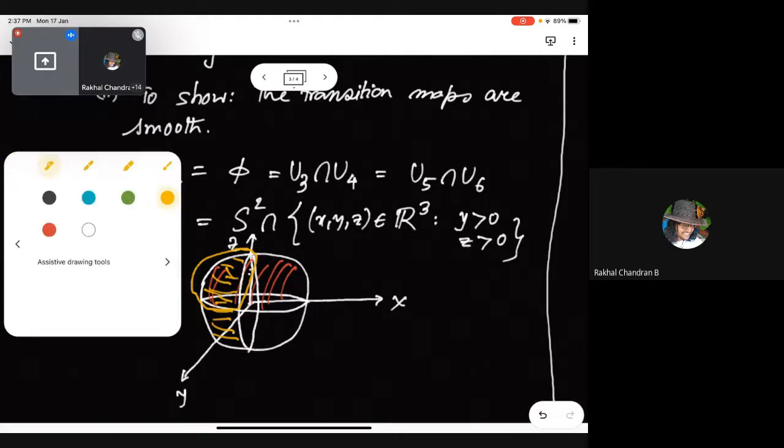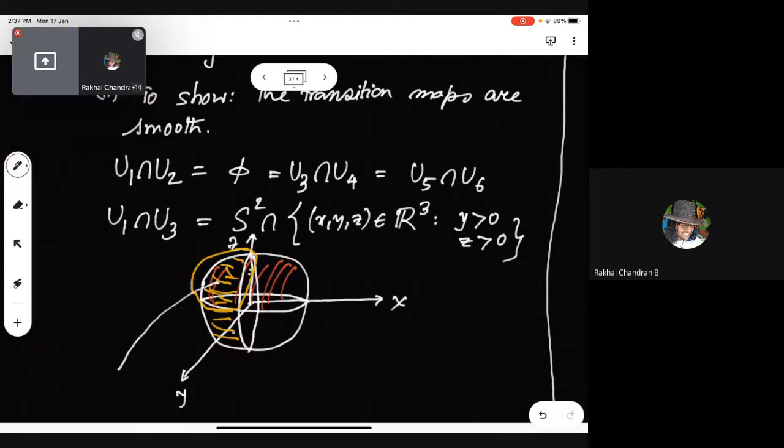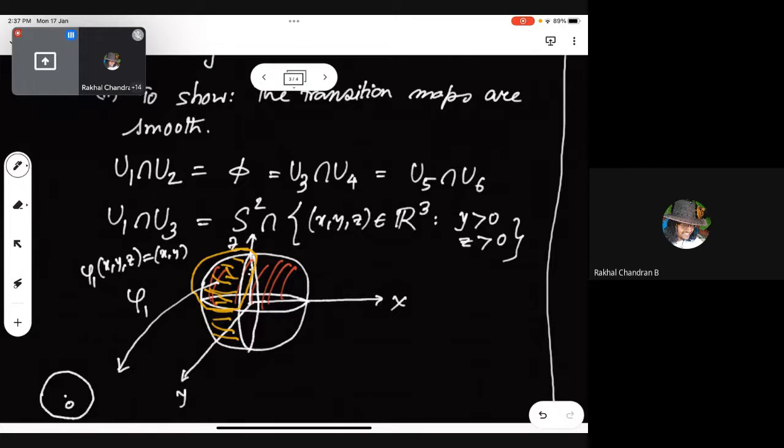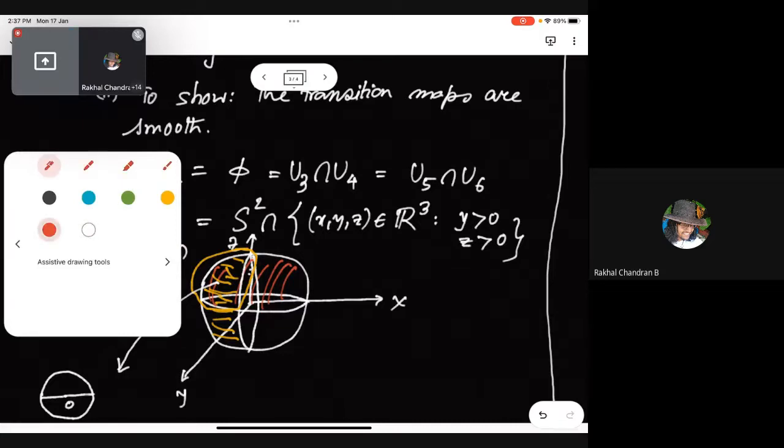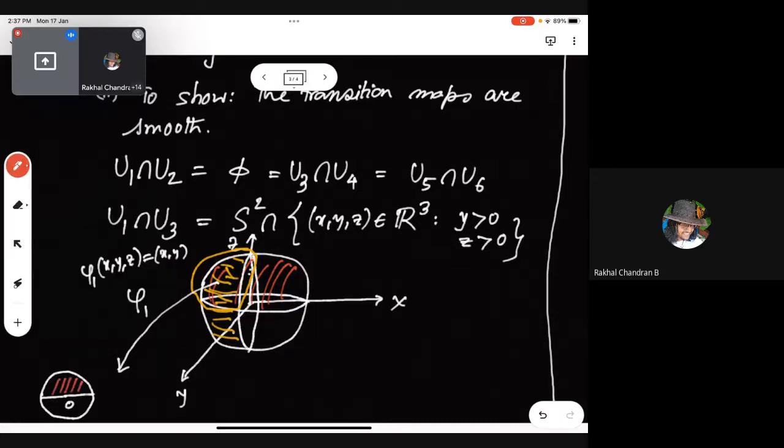So we need to look first at φ1, where does it go? See, y is greater than 0, z is also greater than 0. So what was φ1? φ1 of (x, y, z) was (x, y), right? So this is the unit disk, let's say this is the center 0, and since y is greater than 0, it will go to this portion. All right?